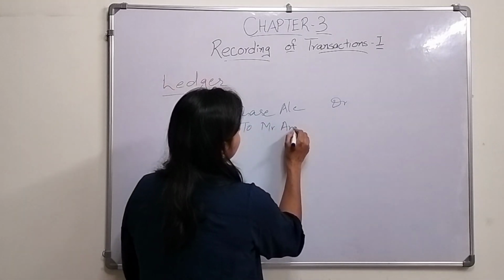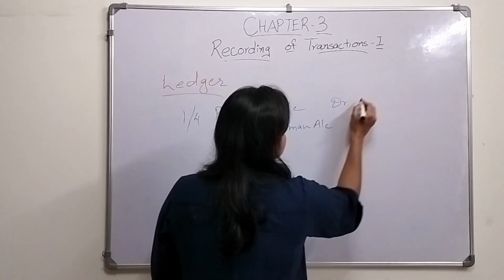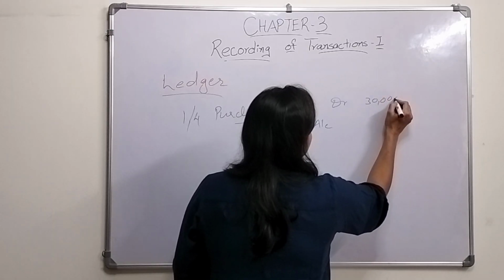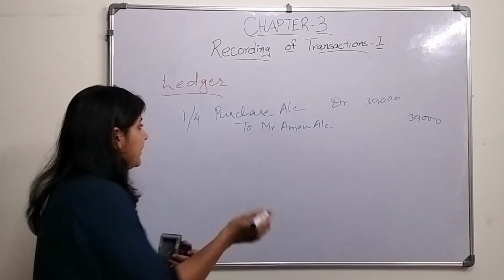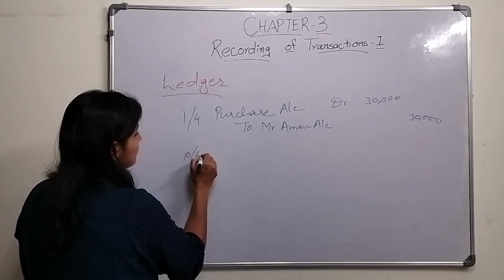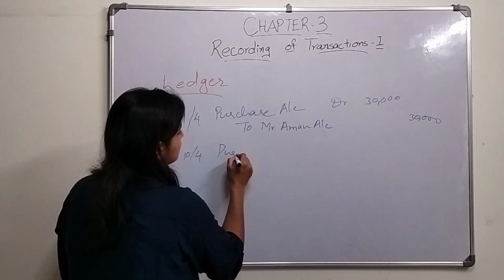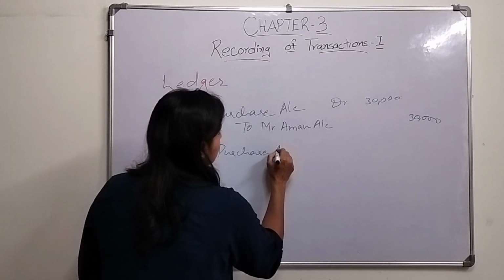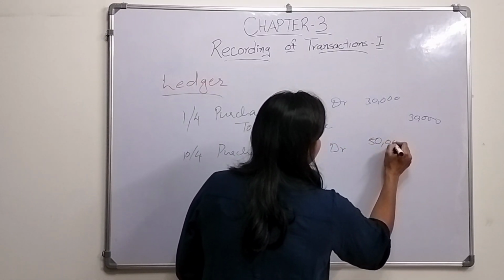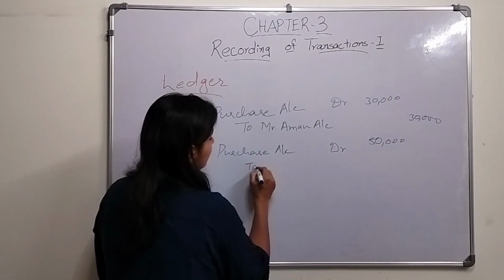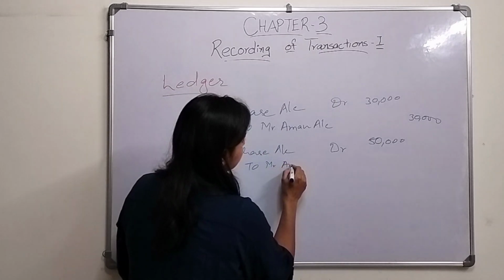So my entry will be purchase account debit to Mr. Aman account 30,000. Then again on 10th of April, I purchased more mobiles worth rupees 50,000 from Mr. Aman.